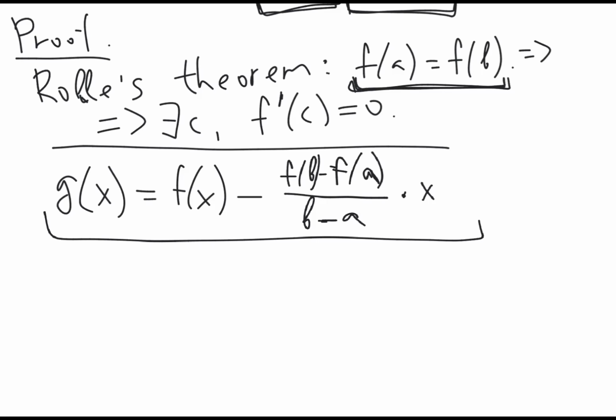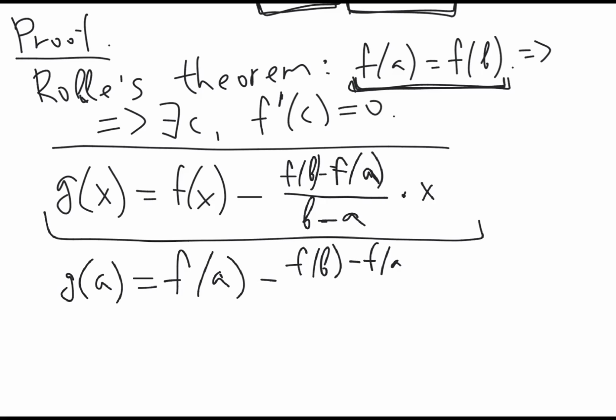Now we check what values it takes on the boundary values a and b. So g of a is equal to f of a minus f of b minus f of a over b minus a multiplied by a, right?